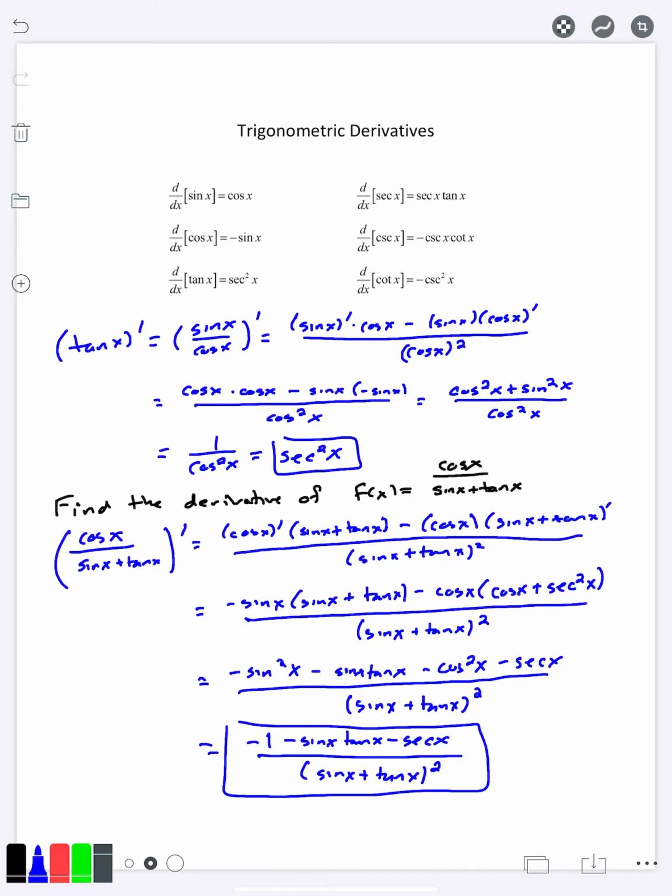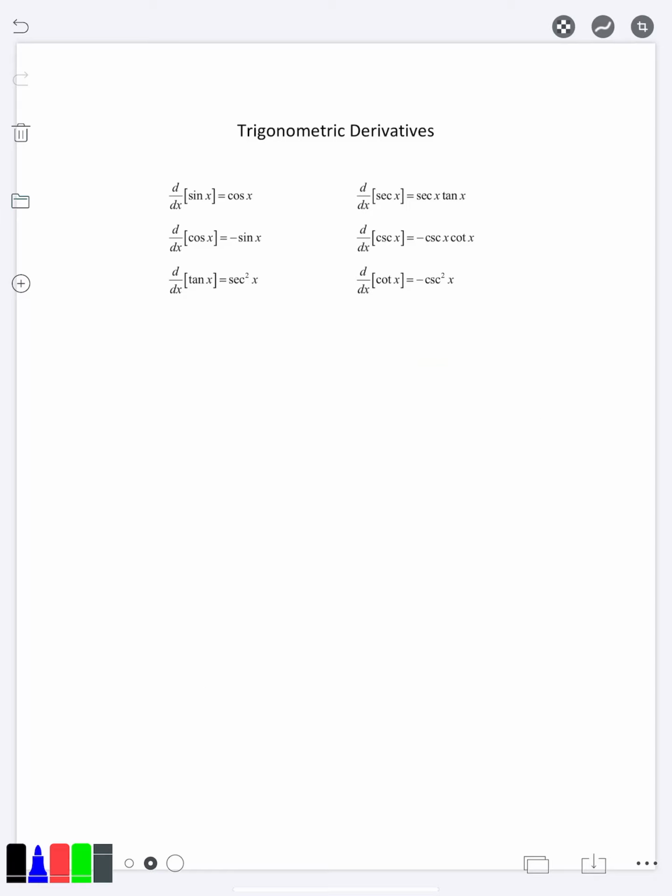We could also have something like a combination here. Find the derivative of, let's see, f of x is e to the x sine x over x squared plus 1.